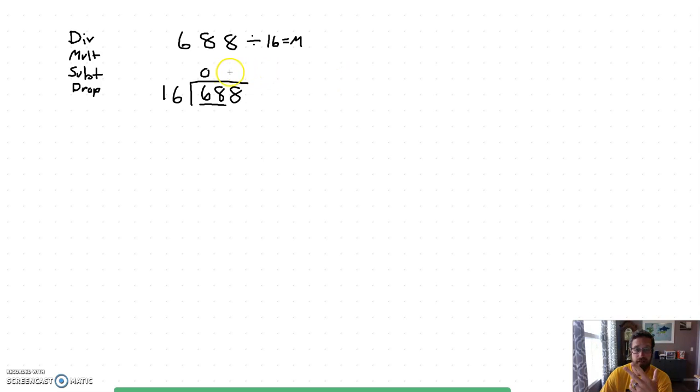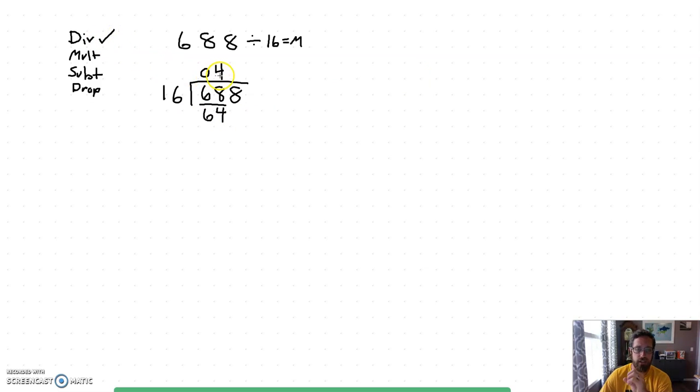So I'm thinking 16 times 4, because 16 doubled is 32, and 32 doubled would be 64. Or you might even have to do some multiplication work on the side over here if you don't know that.